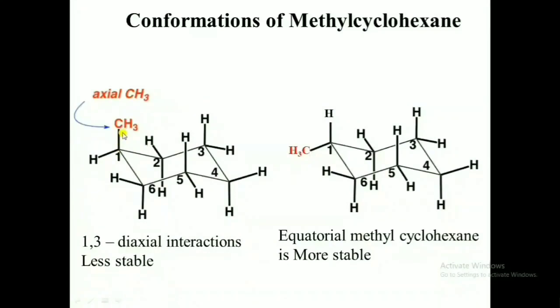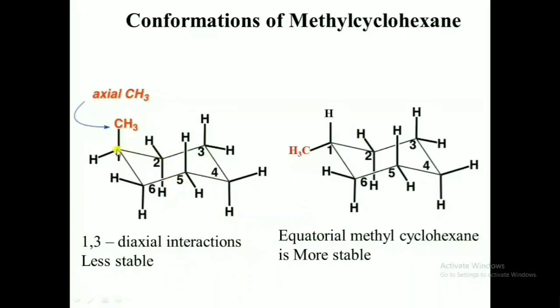Again, you have to keep one point in mind: the distance you feel from this picture is not the actual distance between the atoms. In reality, these groups are very, very close to each other. So this methyl group will come close to the axial hydrogen on the third carbon atom and the axial hydrogen on the fifth carbon atom. We call this interaction 1,3 diaxial interaction. Why is it called 1,3 diaxial interaction?